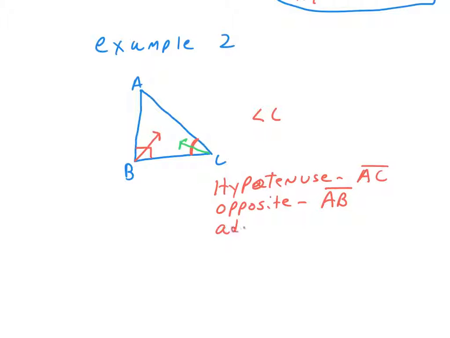And then the adjacent is the other side that's not the hypotenuse. So it's side BC. It's the side that makes the angle that's not the hypotenuse. So it's going to be BC.